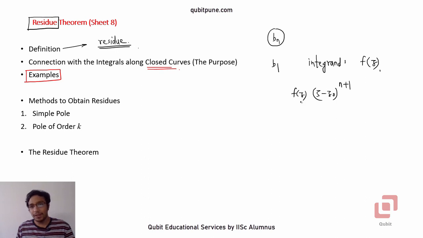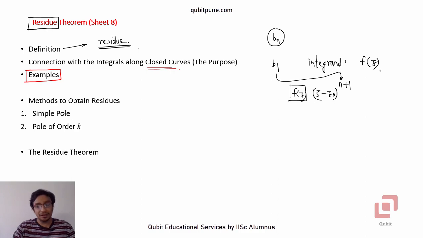And if we let n be minus 1, then it becomes 0. So the only term that we have is f of z, and this is the connection between the integrals and the residue. But we will see that later.